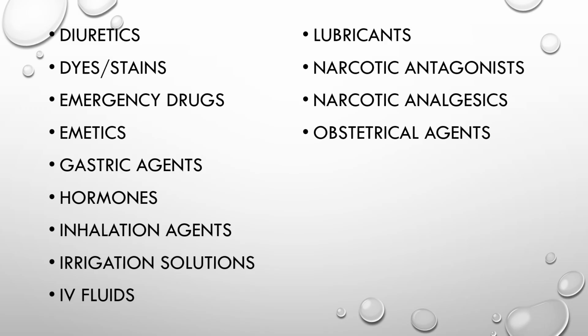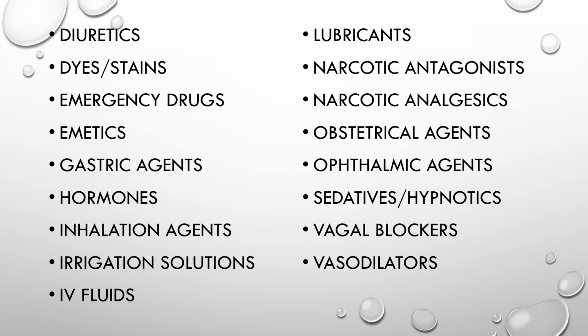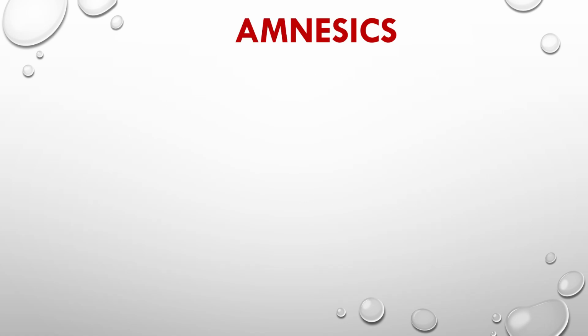Obstetrical, wow, I'm having a hard time pronouncing that apparently, but OB agents, let's make it short. Ophthalmic agents, sedatives and hypnotics, vagal blockers, vasodilators, and finally our vasoconstrictors. Alright, so starting this again, covering these in 4 different sections.